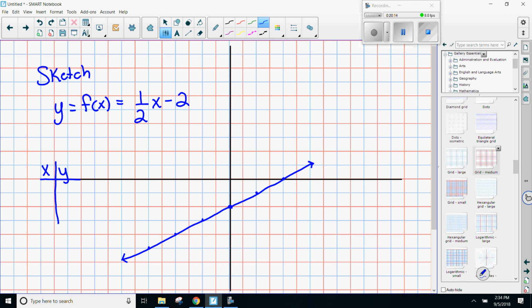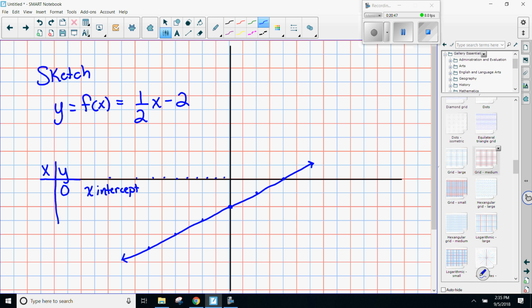If you talk about the x-intercept, what one of these values is going to be 0? Y. Y is 0. No matter what point on this x-axis my graph crosses at, the y value is 0. And so this is the x-intercept. What about the y-intercept? What about when it crosses the y-axis?